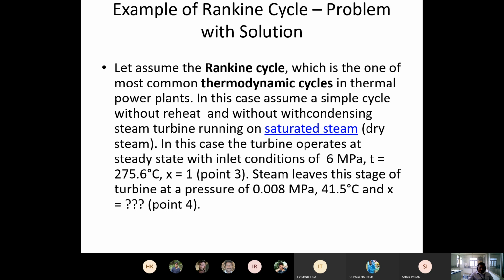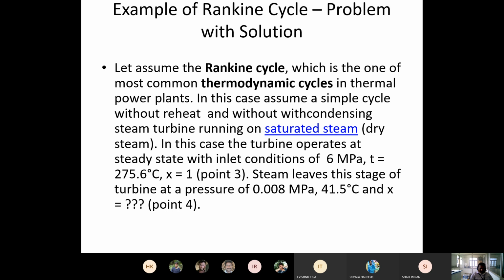What is state point 3? State point number 3 he mentioned. So at 6 megapascal, we have to calculate the enthalpy of the steam, H3. This is the H3 value. From steam tables we can directly take these values.